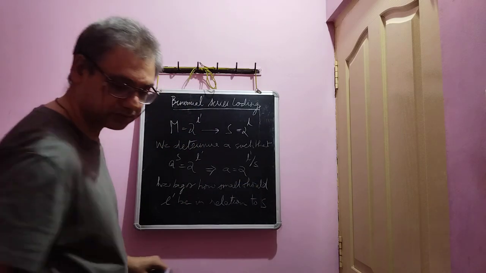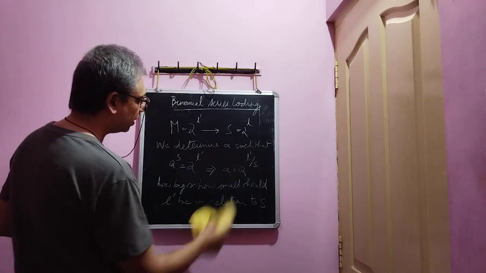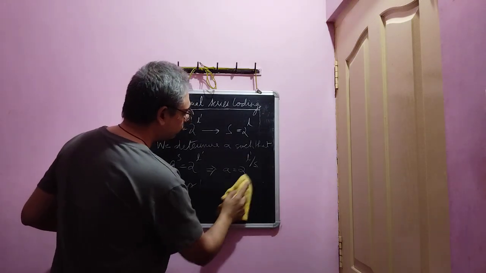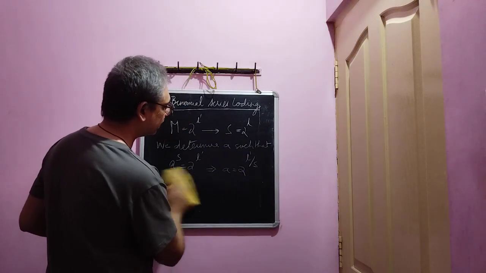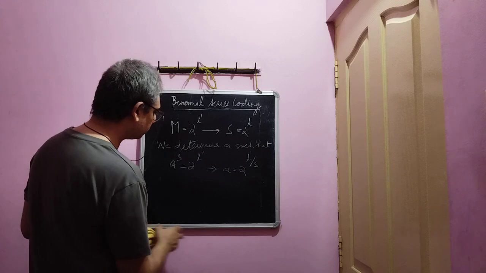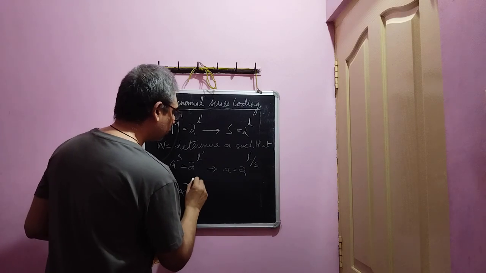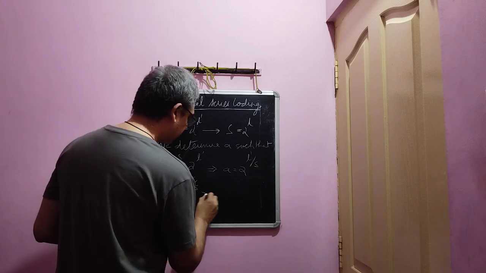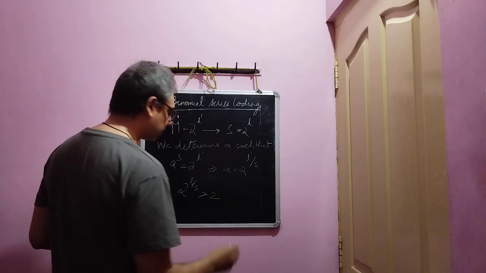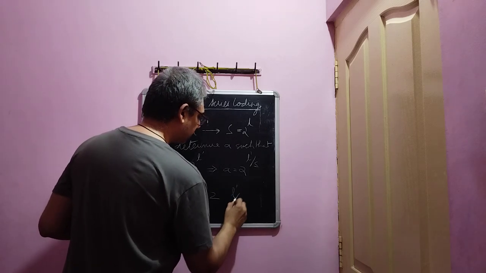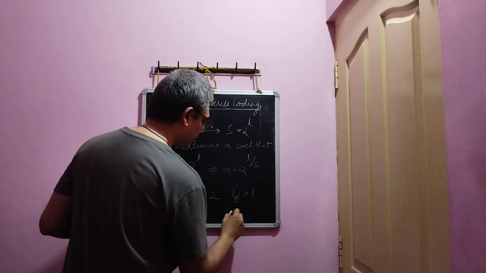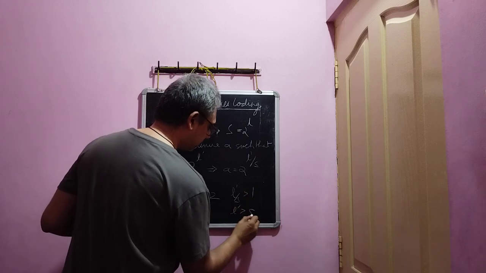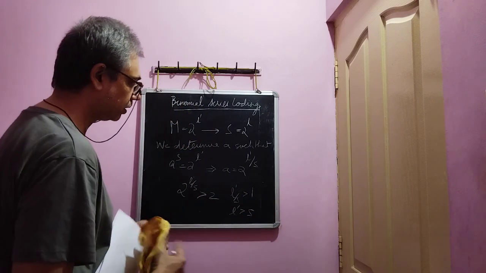Now to answer this question, we require that A equal to 2 power L dash by s. So we require 2 power L dash by s must be greater than 2. In other words, L dash by s must be greater than 1, or L dash must be greater than s.